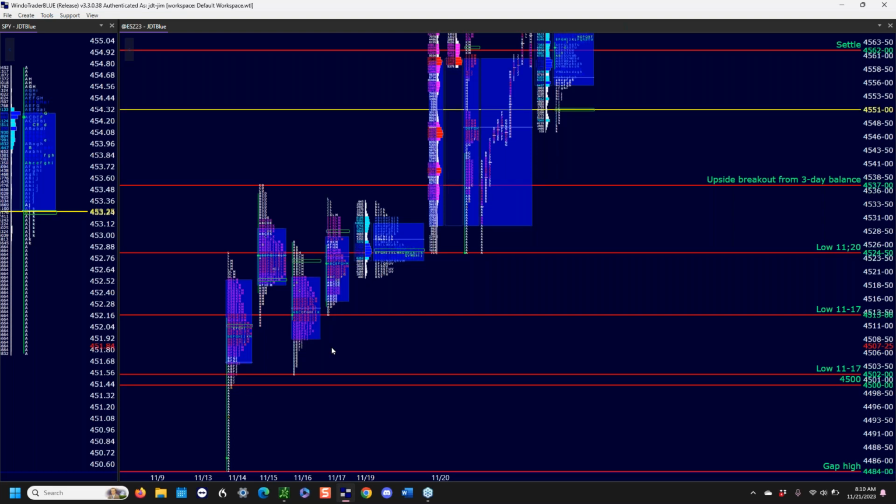So it ended with a 3-day balance. The balance trading guidelines were applicable for yesterday morning, and one of the guidelines is go with any breakout from the 3-day balance.